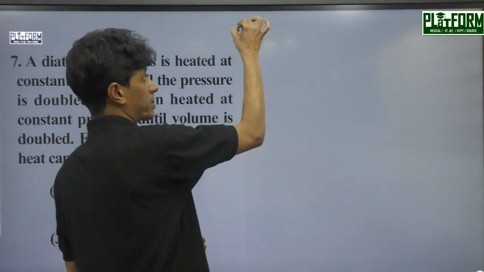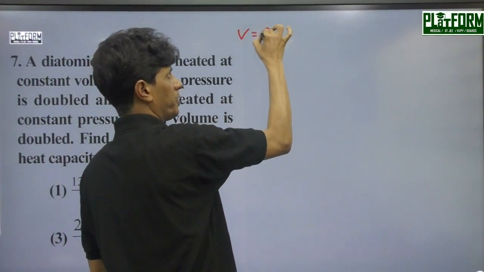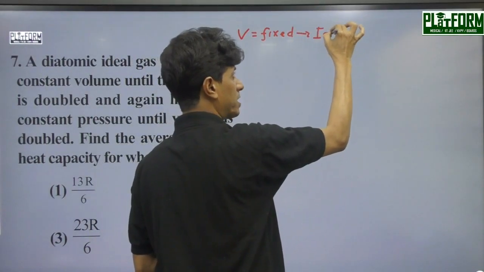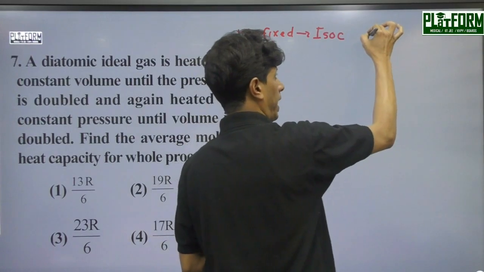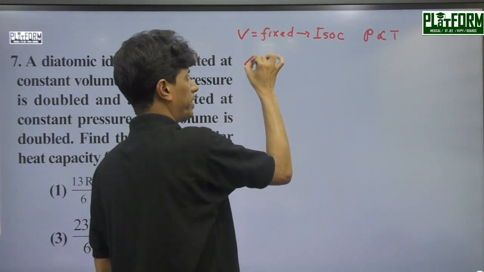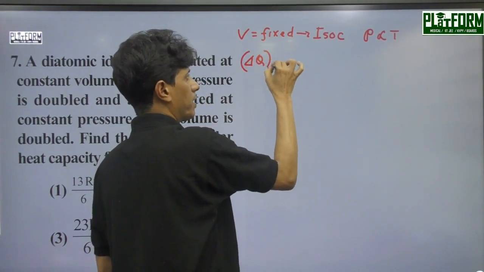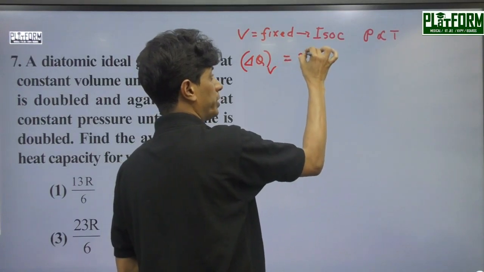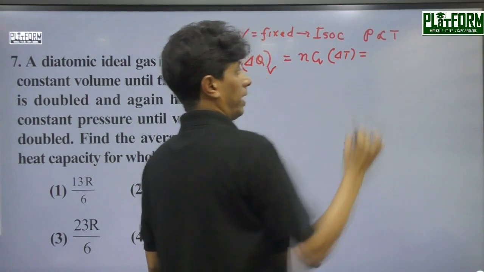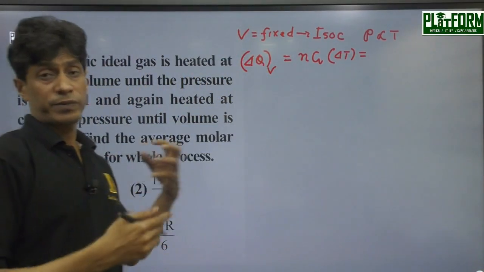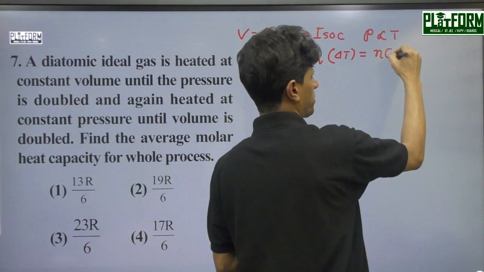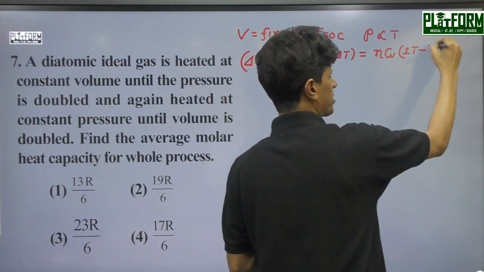You know, V is fixed, it means the process is isochoric, P versus T, and the amount of heat given in this process at constant V equals n Cv delta T. Since the pressure is doubled, the temperature of the gas also becomes double. So n Cv, it is 2T minus T.